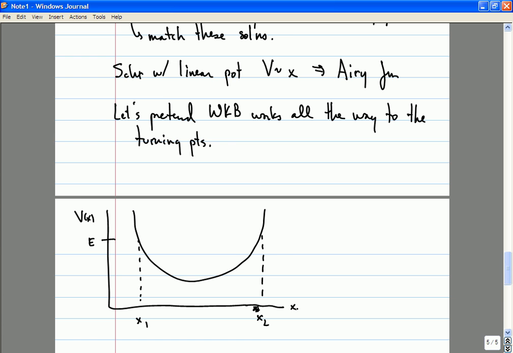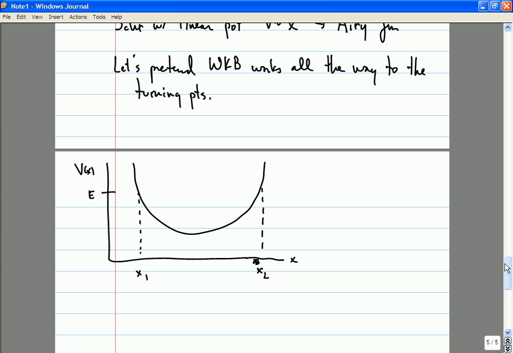The WKB approximation says that psi of x can be found by integrating i over h bar from x1 up to x, if you wish to determine psi of x at some intermediate point.